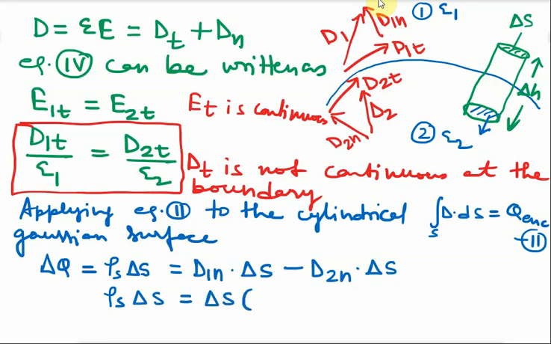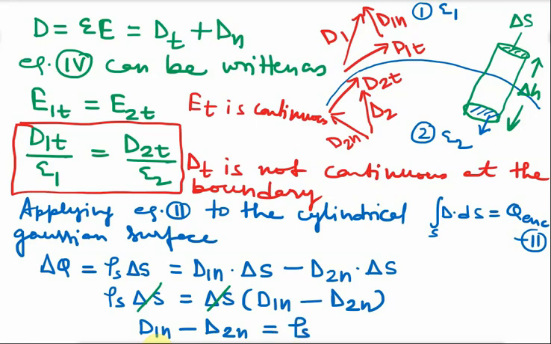Now rho s del s equals del s taken common, times D1n minus D2n. This del s cancels out. So finally we have D1n minus D2n equals rho s.